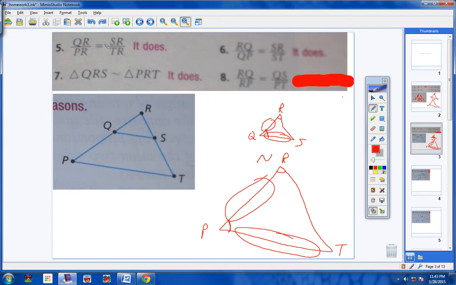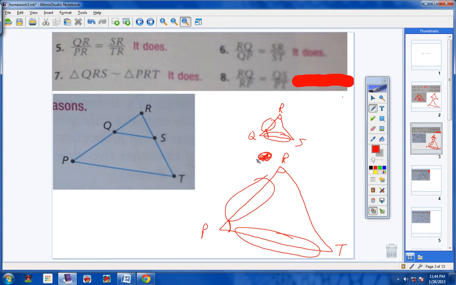We've never learned that. We've learned if you have side angle side and side angle side in such a way that the included angle is congruent and the two sides are proportional to each other, that's fine. But we do not know, just based on this, that the two triangles are similar.